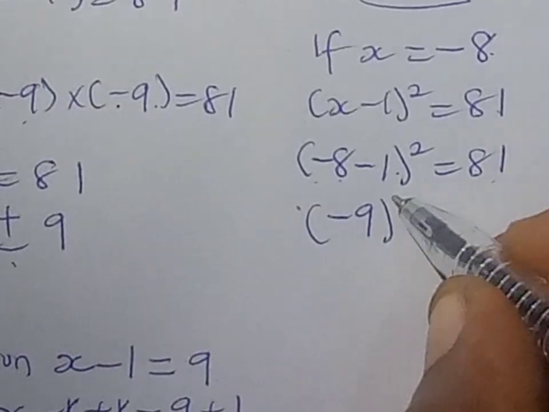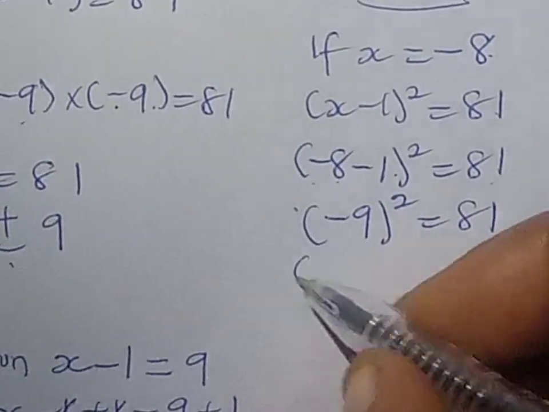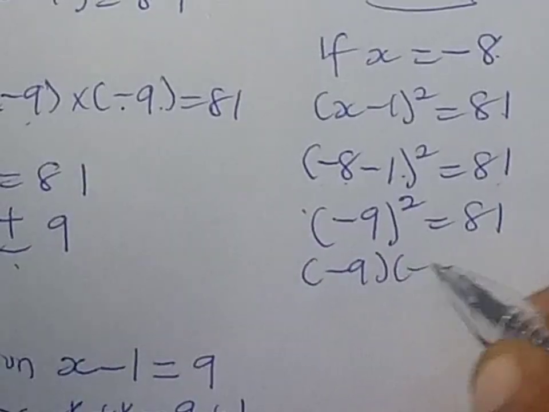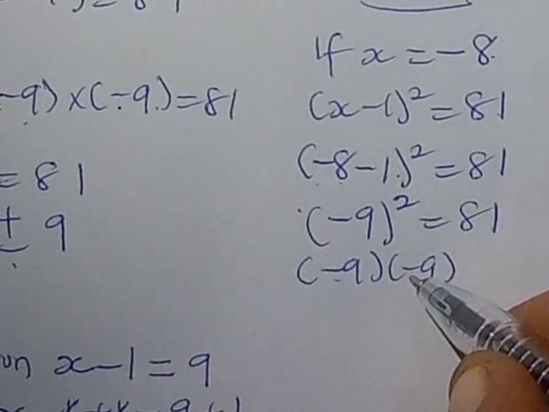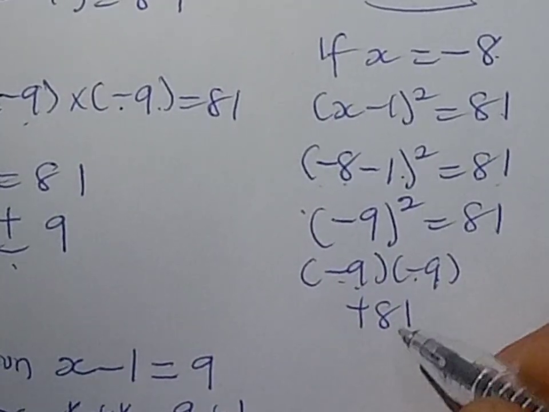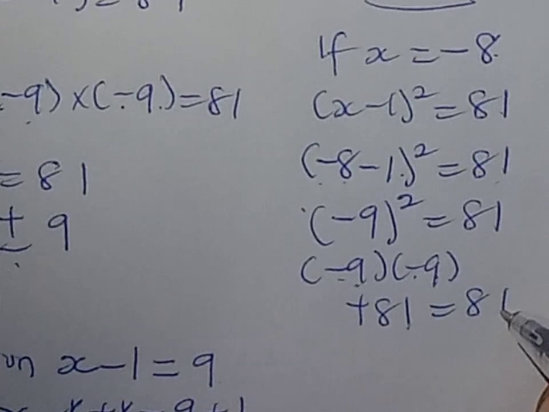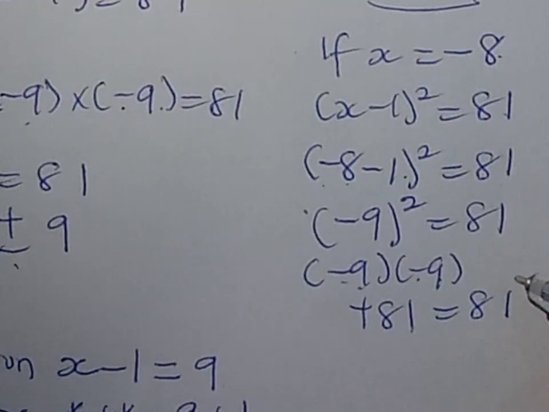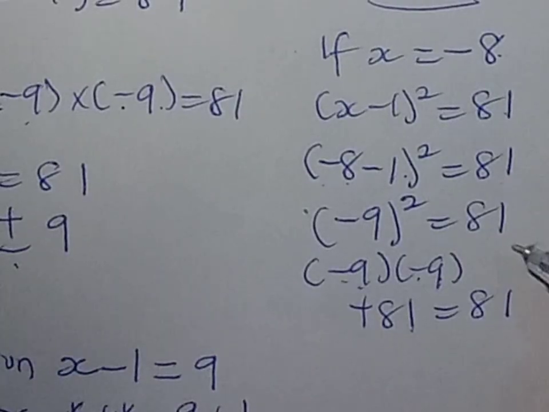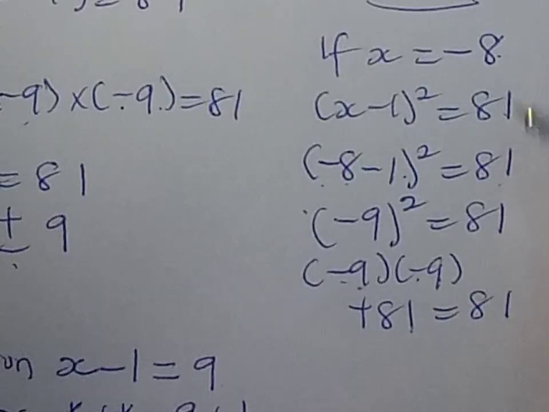That's (−9)² = 81. (−9)² means what? −9 times −9. Minus times minus will give us plus. 9 times 9 will give us 81. So we have 81 on the left side and also 81 on the right side. That means both answers satisfy this equation. That is, x = 10 and x = −8 are the answers for this equation.